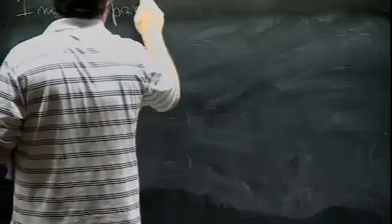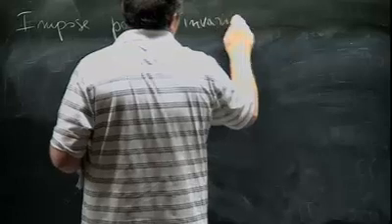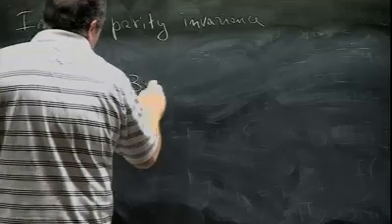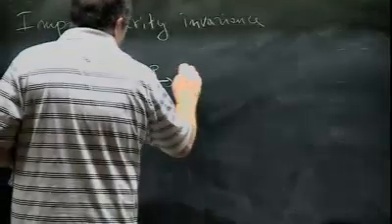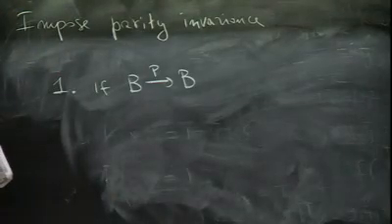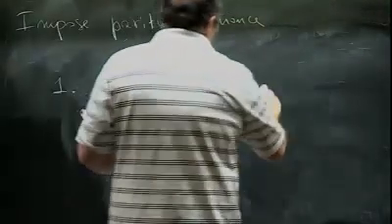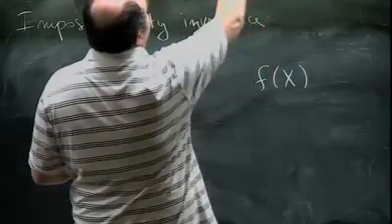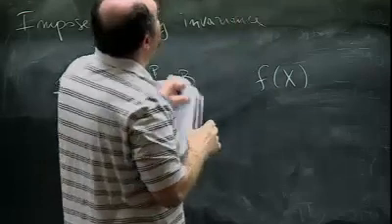So if we impose parity invariance, then there are two choices. If we take B to be invariant under parity, B being an ordinary scalar field, then this requires that those equations are invariant under parity.